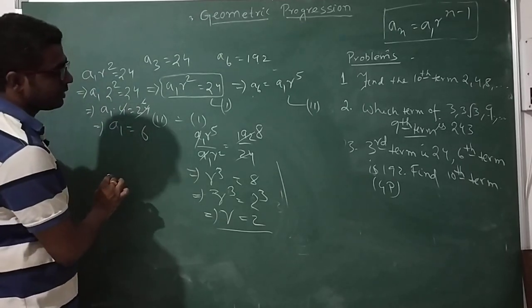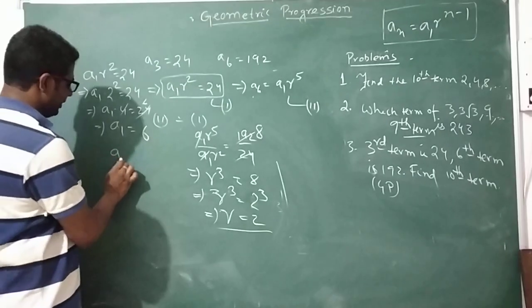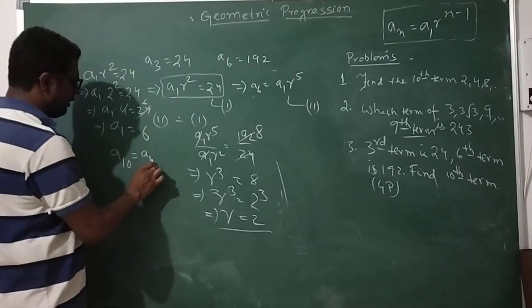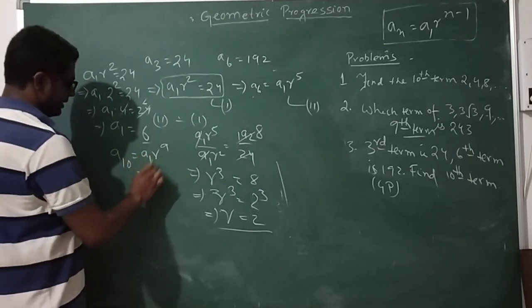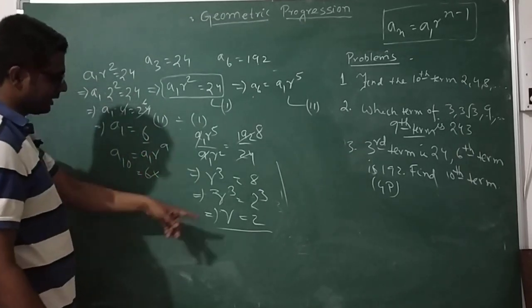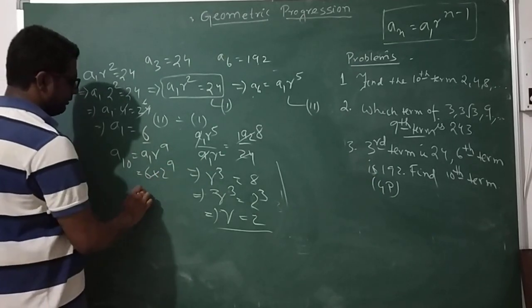So now we have to find out the 10th term, that is A10 is equal to A1 r to the power 10 minus 1, that is 9. What is A1? 6 into r, that is 2 to the power 9. What is 2 to the power 9?